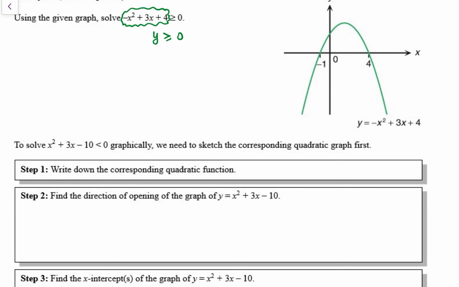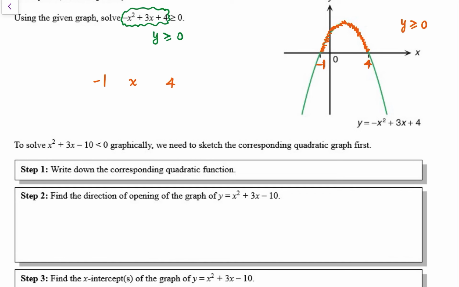If y is greater than or equal to 0, we will look at the top part of the graph. This part of the graph lies above the x-axis, and the range of values of x that would satisfy this quadratic inequality would be in between negative 1 and 4.